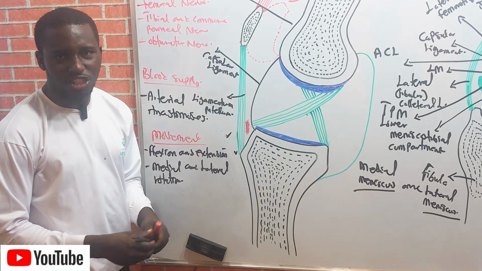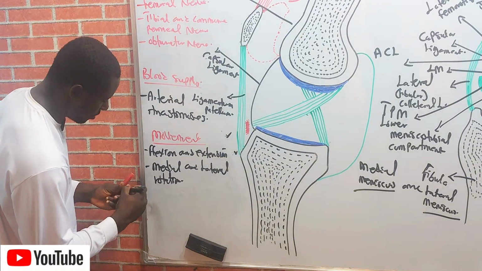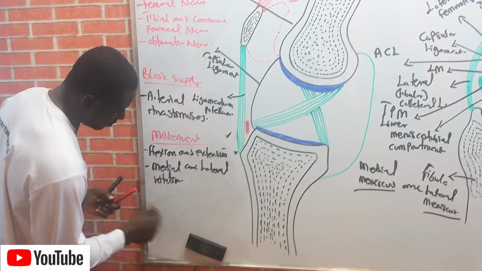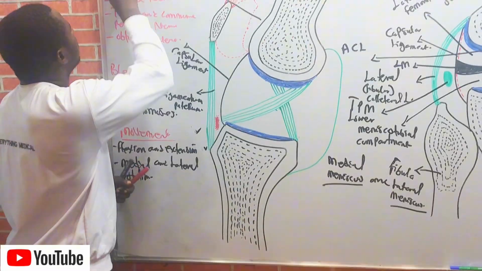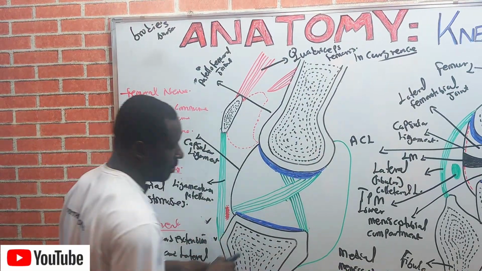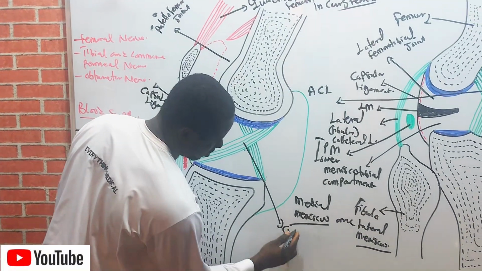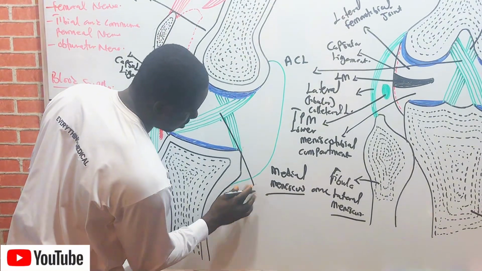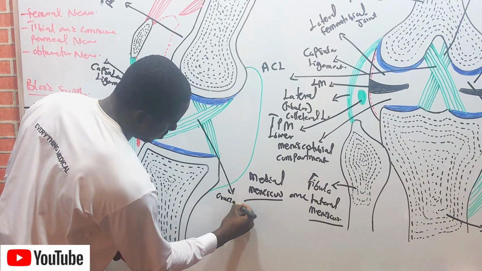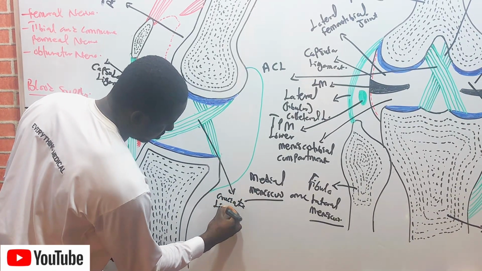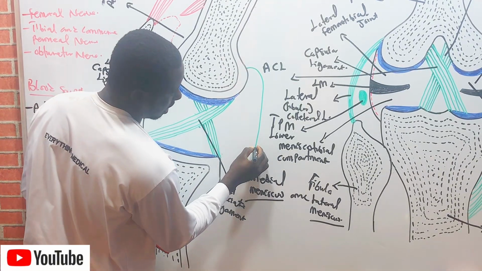The next is the relation of the knee joint. Before the relation, let's finish our labeling. This is the cruciate ligament. This is our capsular ligament.